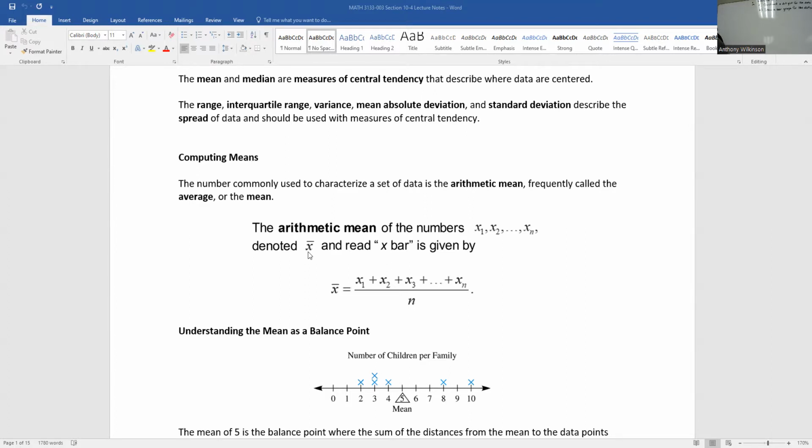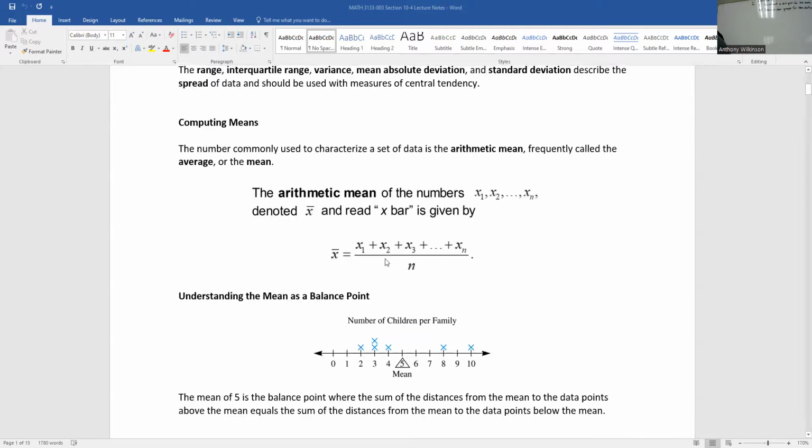And that's going to be given by this: x bar is equal to x1 plus x2 plus x3 all the way to plus xn, all divided by n. In other words, all you're going to do there is simply add the data values that you have in that set and divide that by the number of data values in that data set. That's just how we find the arithmetic mean. And in a few minutes, we'll look at some examples of just that.